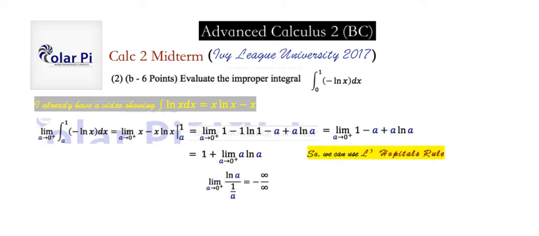So when we do that, we pick up from here, take the derivative of the numerator, which is that, and take the derivative of the denominator. Remember, the derivative of 1 over a is negative 1 over a squared, so that's this here. Then simplify and evaluate, and good things will happen.